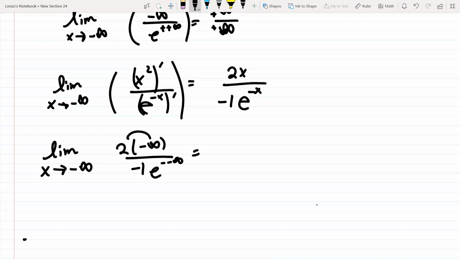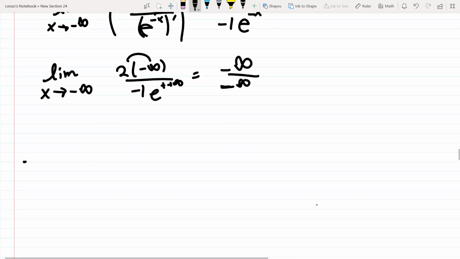So 2 times a negative infinity is still going to be negative infinity. And then over here, e to the positive infinity is a very large number times negative 1. That's just going to be negative infinity. So you still have indeterminate form, so you're going to have to take the derivative again.